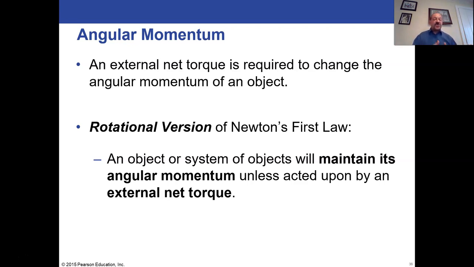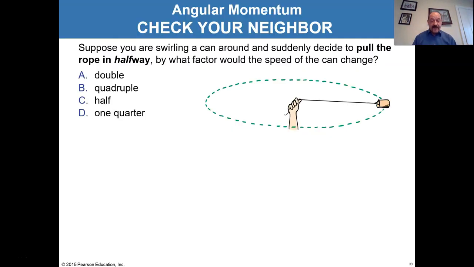Torque is necessary to change the rotational momentum of an object. That's all it's saying, right? An object or system of objects will keep its angular momentum as long as no external torque acts on it, external forces that change its rotation. There's an internal force, that centripetal acceleration pulling it towards the center, but as long as there are no other forces acting on it, it'll keep spinning around and around forever.